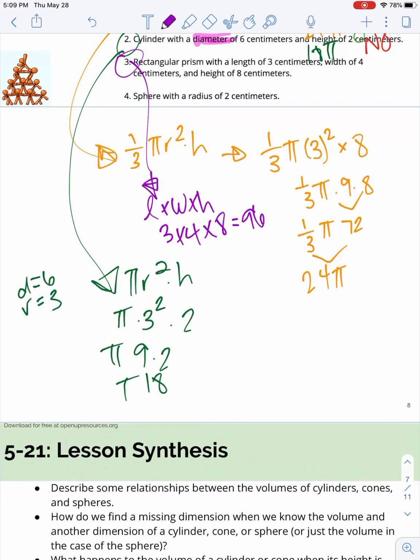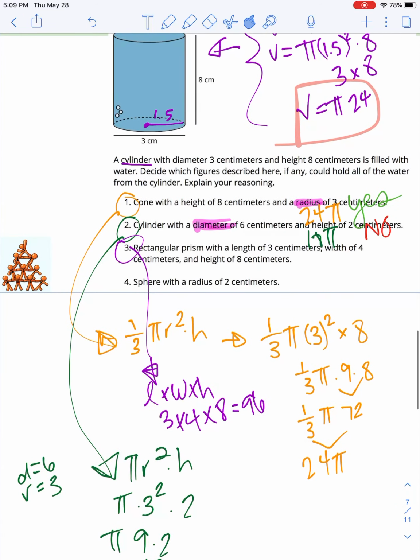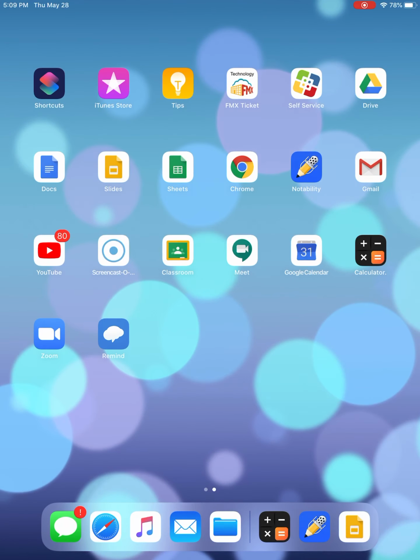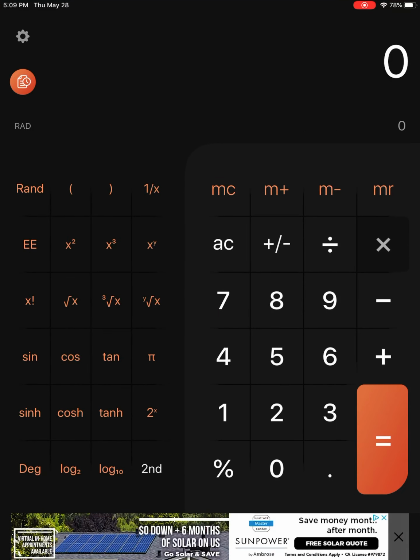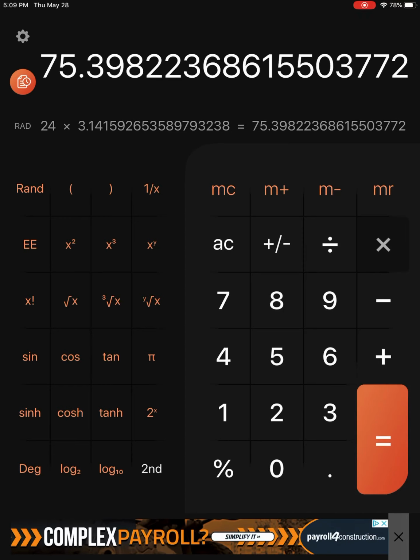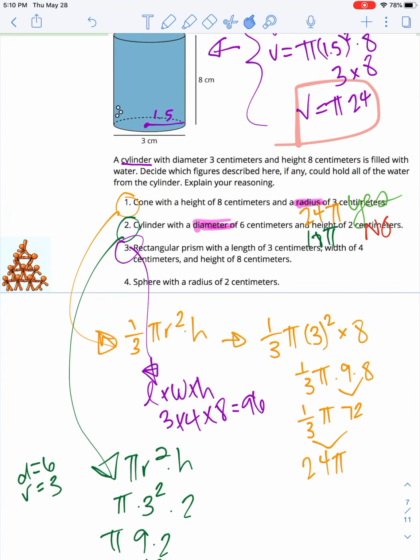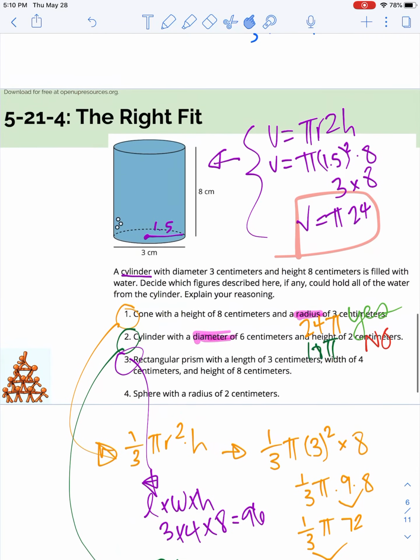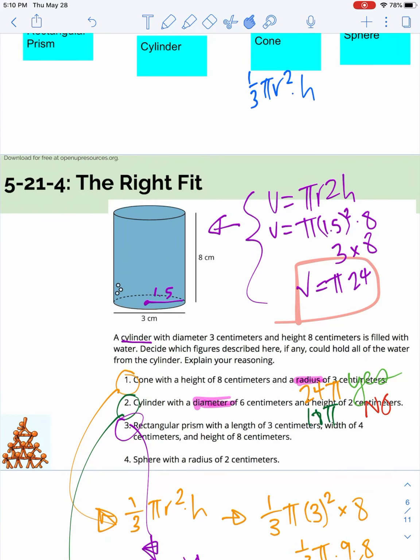So for this one, what we'd want to do is do 24 times pi to see what that is. That's 75. So that's 96, but I just have a feeling that I did something wrong on this, because more of these should be yes, because that's usually how this book is.